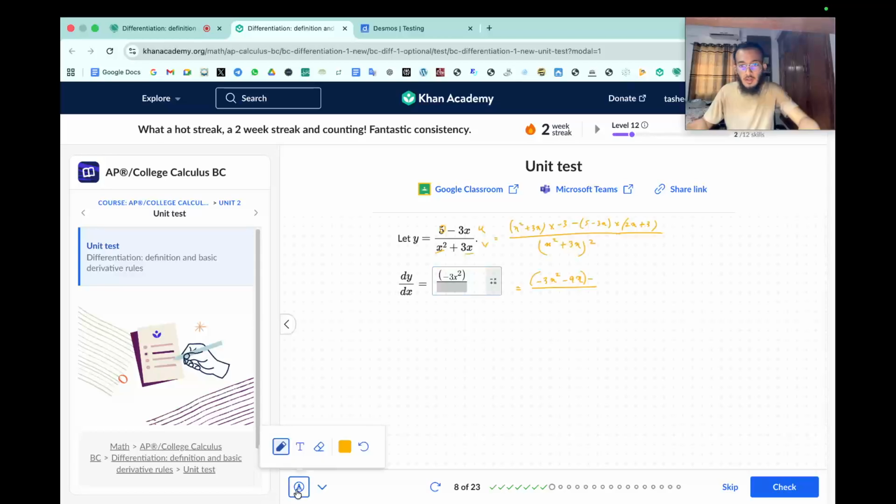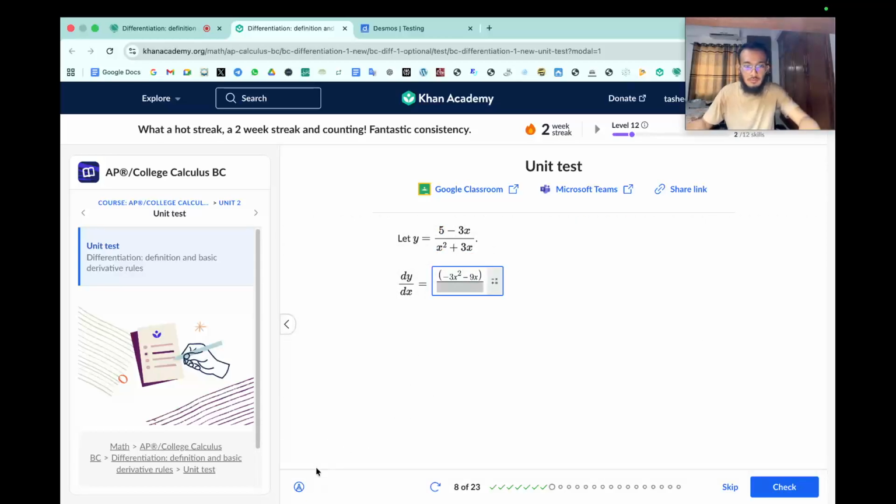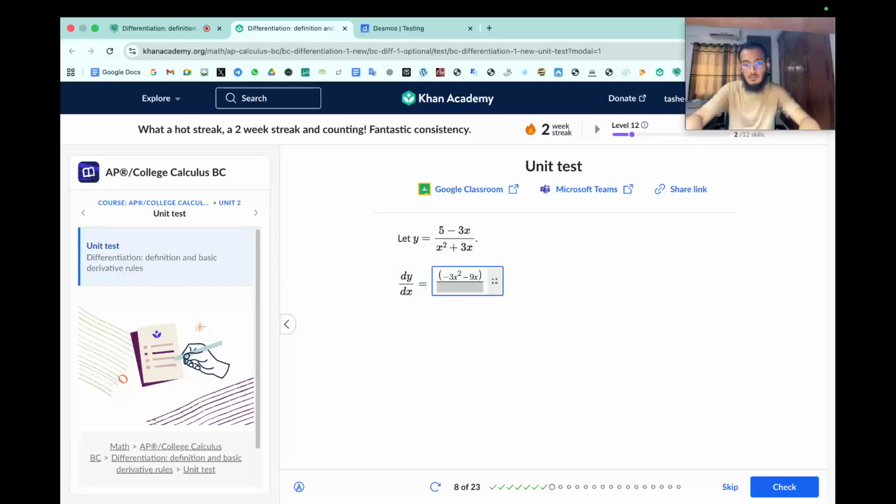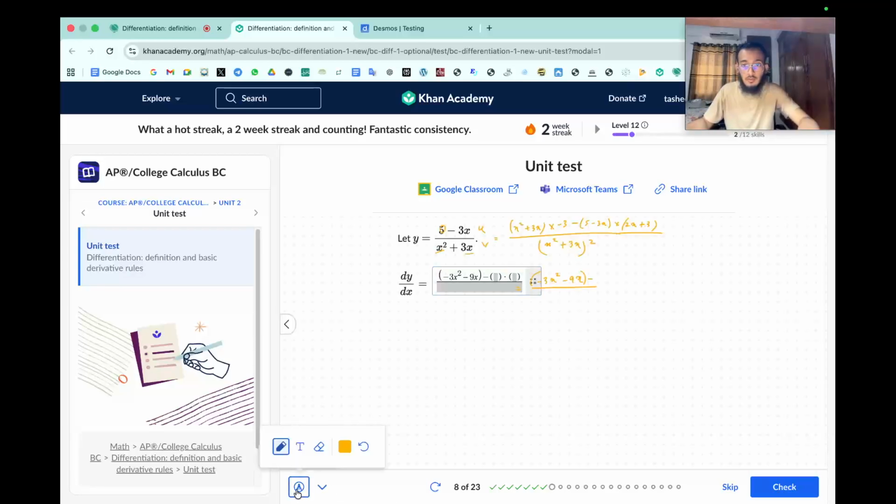Negative 3x squared, negative 9x, and then we have subtraction with 2 multiplication, 5 minus 3x, 2x plus 3.